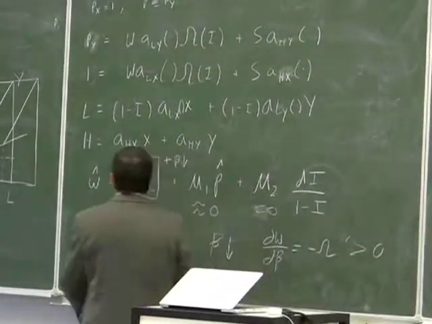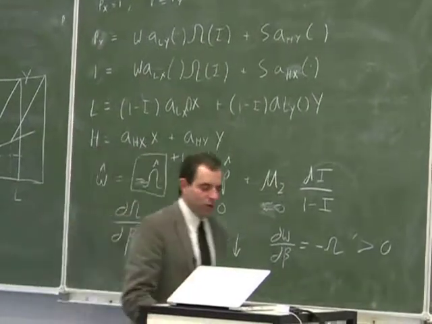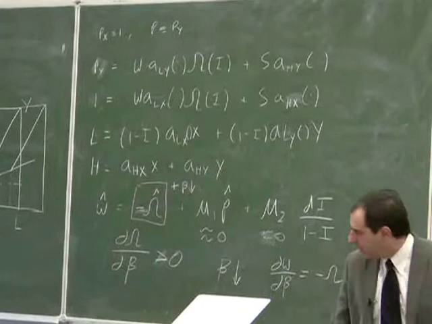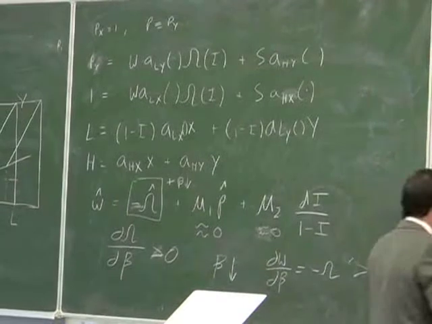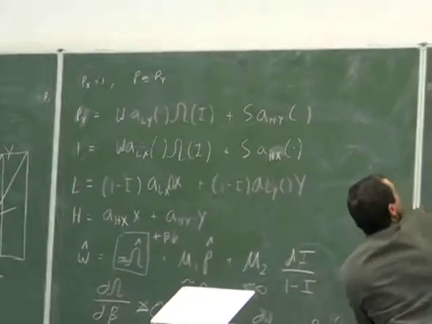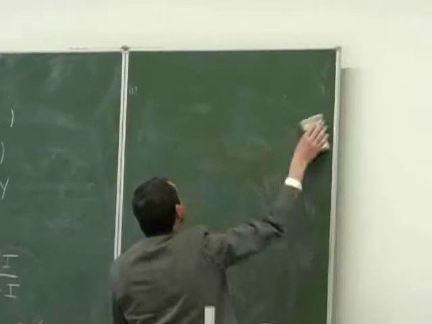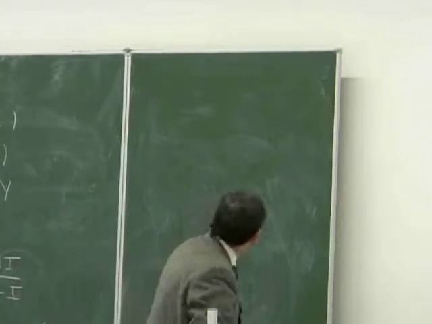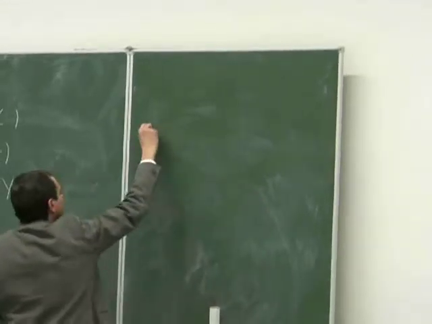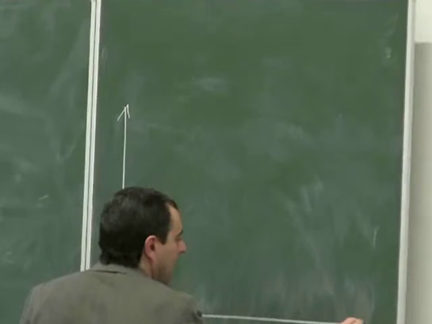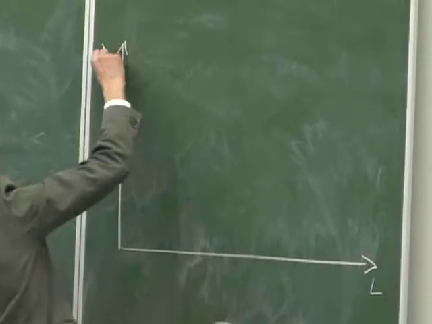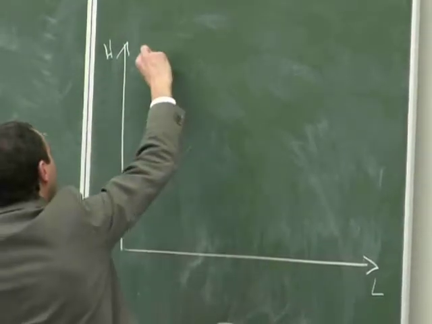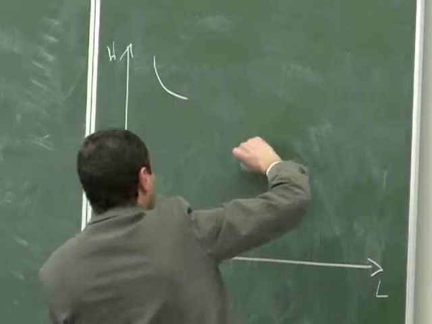Now, let's talk about a few things. First of all, let me show you how you would do this in the learner diagram that we talked about yesterday. So here is L and here is H, and here are your isovalue curves.